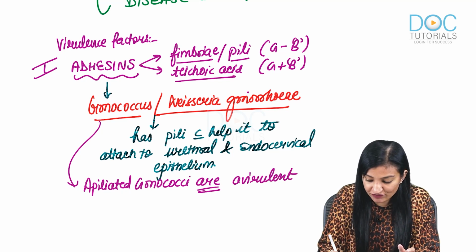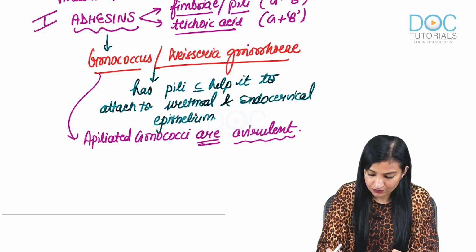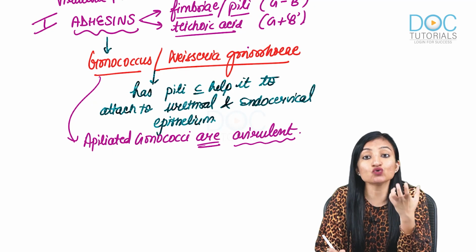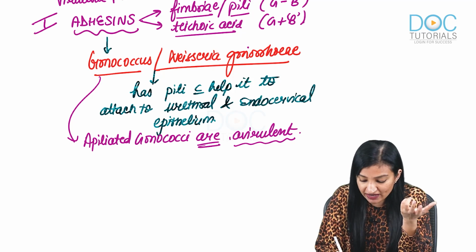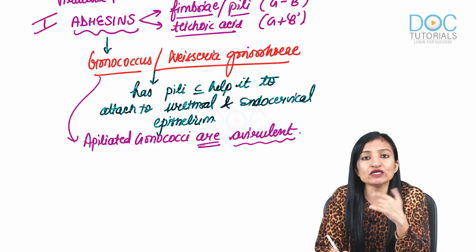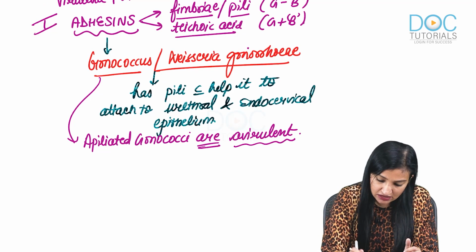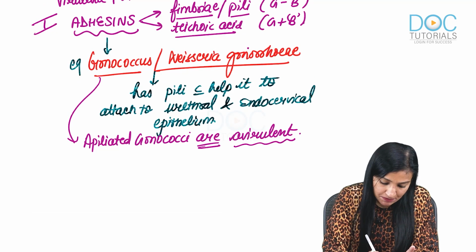Okay, are avirulent. Virulence simply refers to the ability of a microorganism to cause disease in us. Okay, so avirulent means a lack of ability to cause virulence or disease.